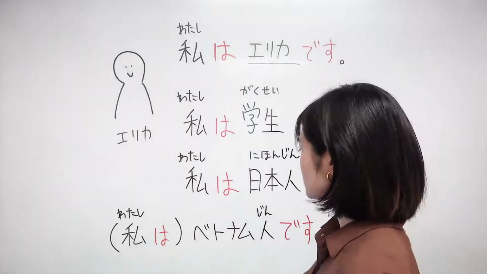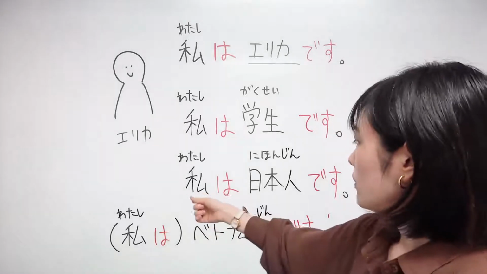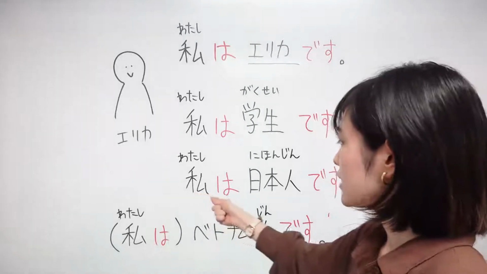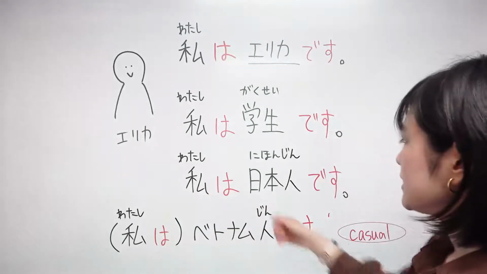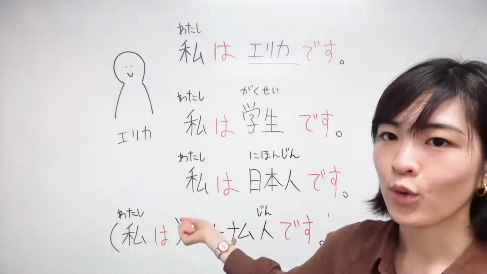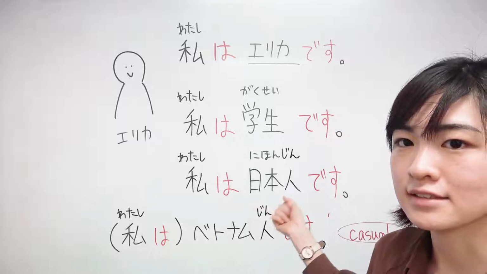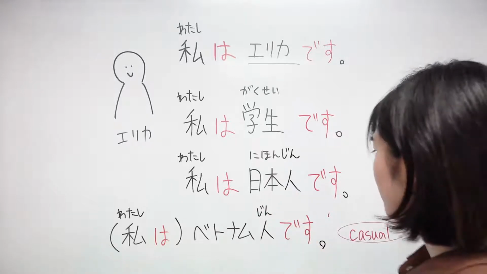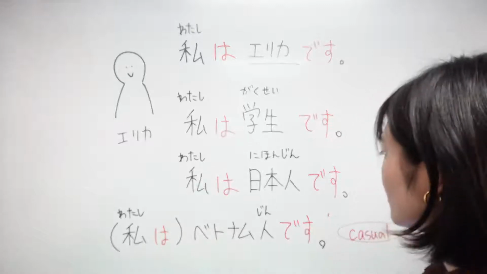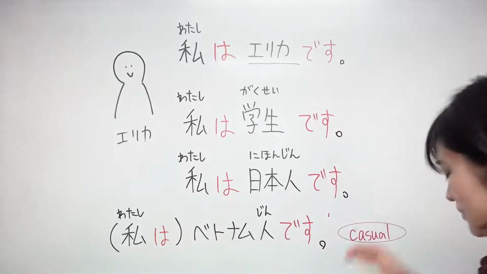Let's use this in another sentence. I am Japanese. 私は日本人です。日本人, this means Japanese. So I am Japanese.